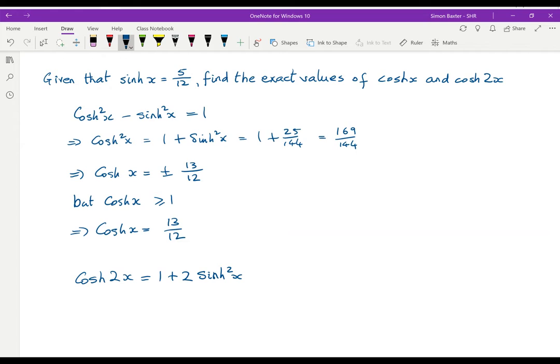Because I know that cos 2x is 1 minus 2 sine squared, and Osborne's rule will turn that into a plus for me. So that is going to be 1 plus 2 times sine squared, which is 25/144. That is 194/144. And if we cancel a 2, we get cos 2x is 97/72.